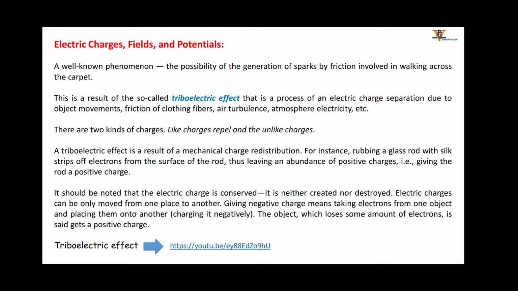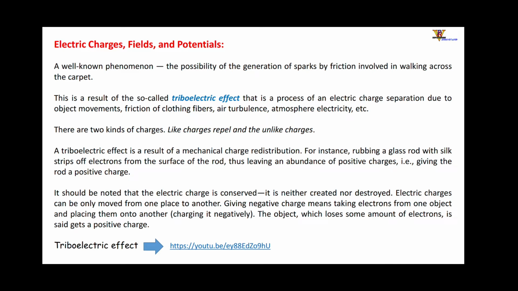So there is a charge separation, where some charge from the glass rod goes to the silk.